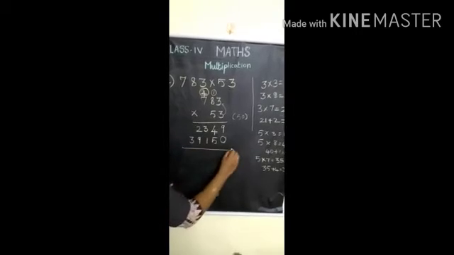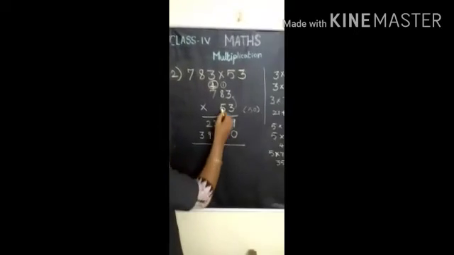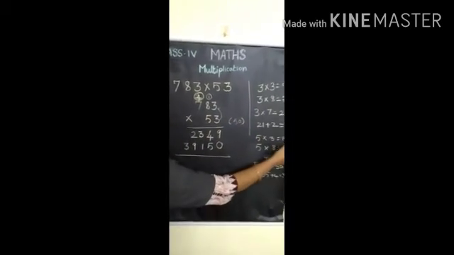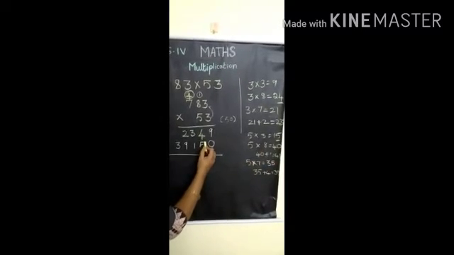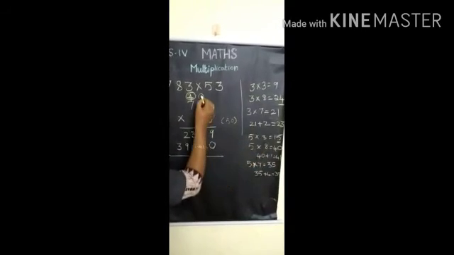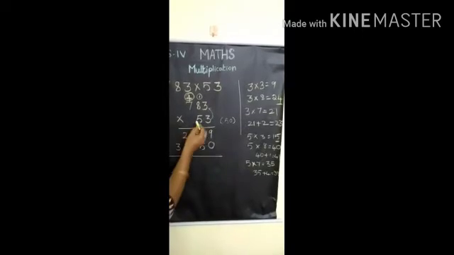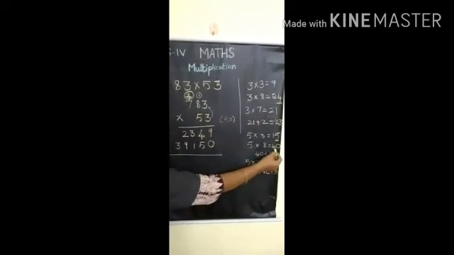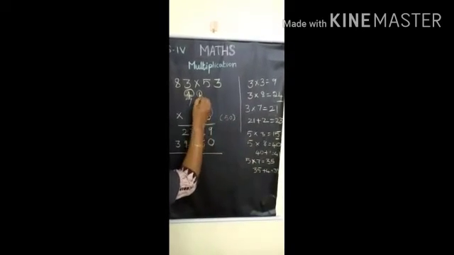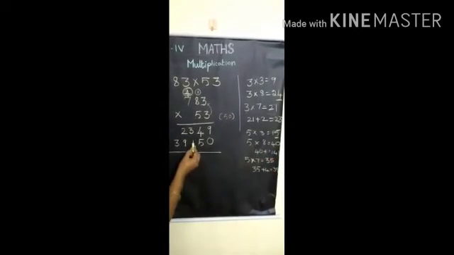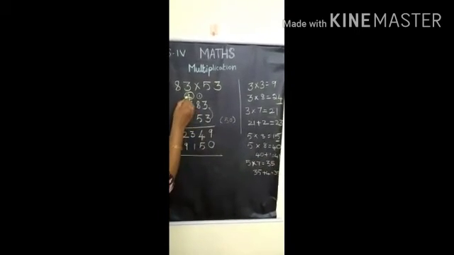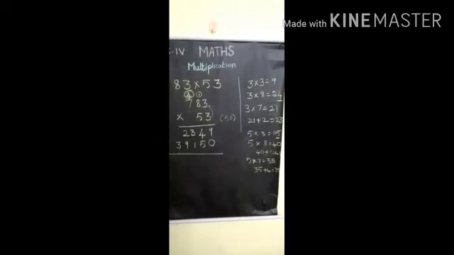Write 39. Clear children? First 5 3s are 50. Write 5, balance 1, carry over to the next number. Then 5 8s are 40. 40 plus 1, 41. Write 1, balance 4, carry over to the next number.